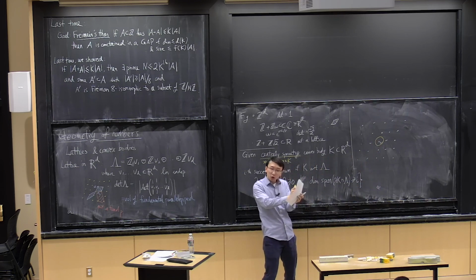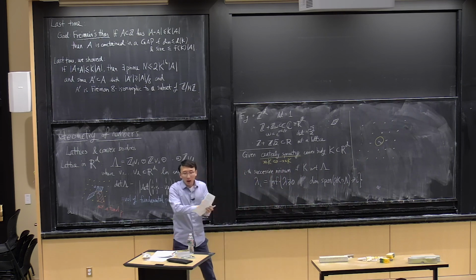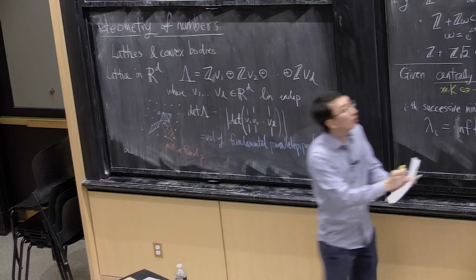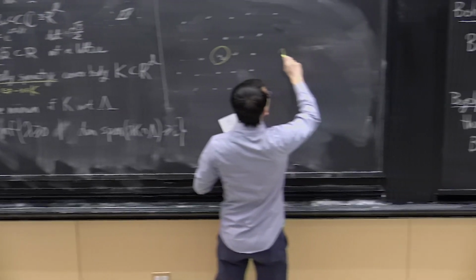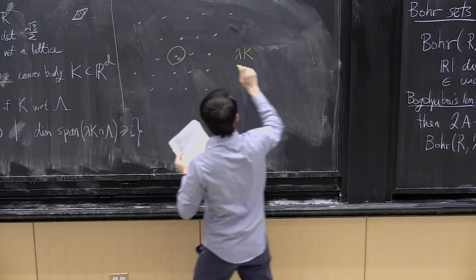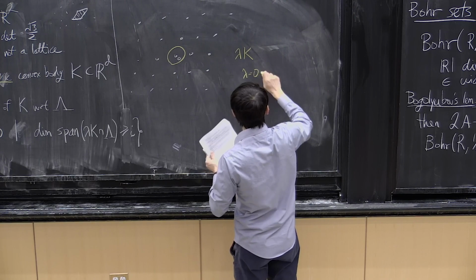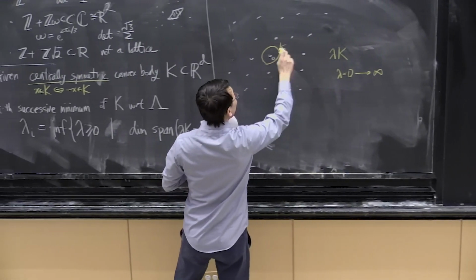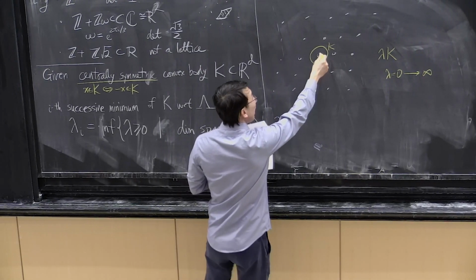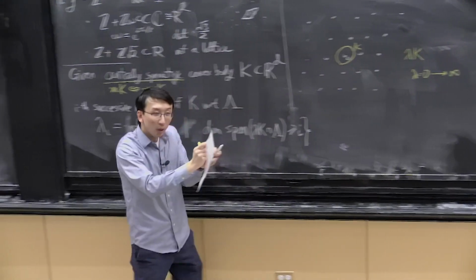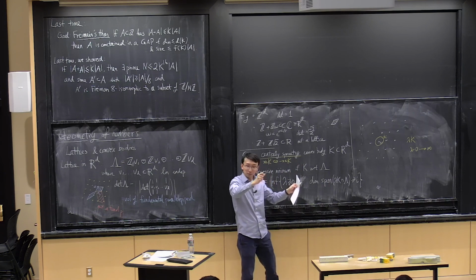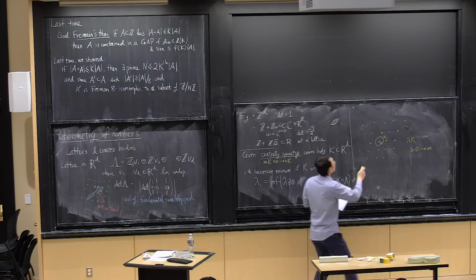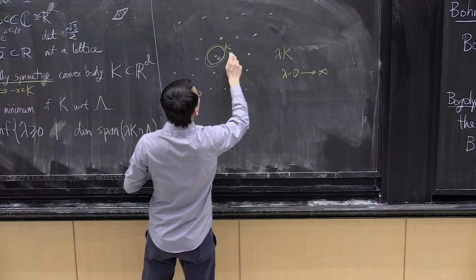And let's consider an animation where I look at lambda K, where lambda goes from 0 to infinity. So this is K. Initially, lambda K is very, very small, and I imagine it growing. It gets bigger and bigger and bigger.